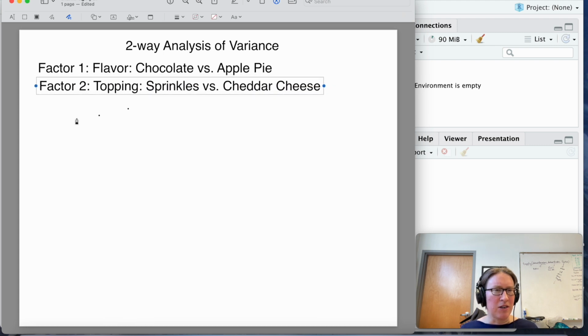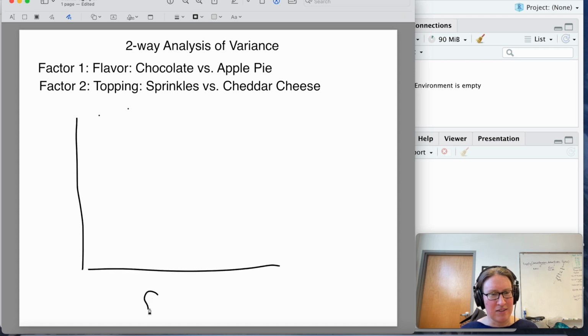Okay, so now if I'm starting to think about doing some taste tests and evaluating the deliciousness of my ice cream flavors, right? I could create a graph of that, right? So flavor on my x-axis. Right, and I've got chocolate and apple pie.